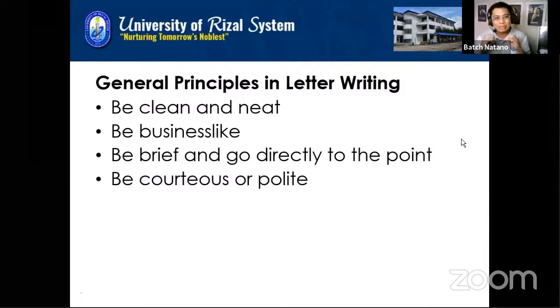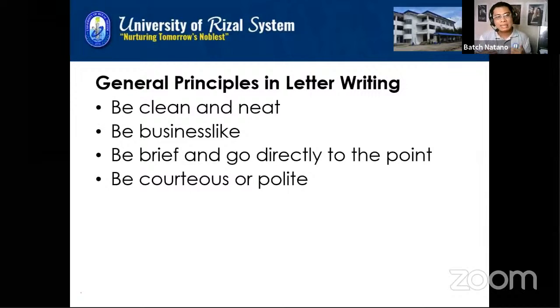Are you just going to yell at the person who delivered it? Okay, so that should not be the practice. You should at least be courteous in telling the person that the product is short of 10 boxes. Because in the first place, if you keep on complaining, bragging and yelling at the person through the letter, the person who will be reading your letter will not pay attention to your concern.